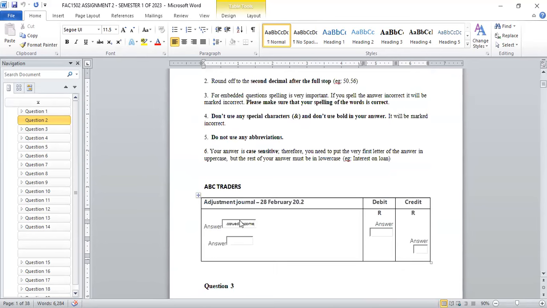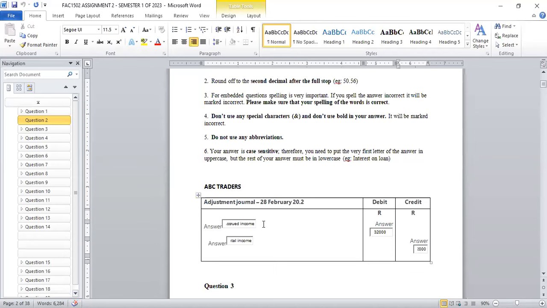Please, you should know that your rental income should be a small i. So that is 32,000. Then here on our credit, that will be the rental income, which will also be 32,000.